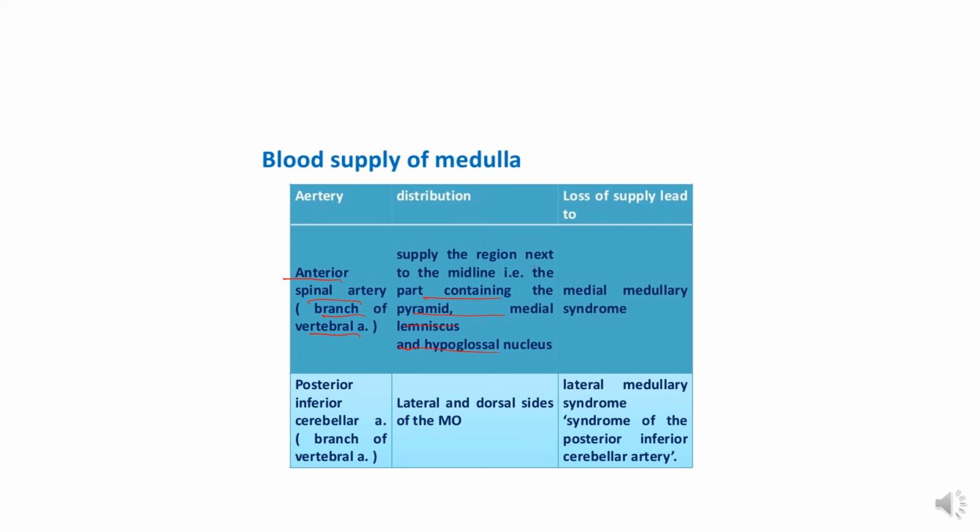Loss of blood supply from the anterior spinal artery results in anterior medullary syndrome, or medial medullary syndrome. The posterior inferior cerebellar artery, a branch of the vertebral artery, supplies the lateral and dorsal sides of the medulla oblongata, and blockage of this artery results in lateral medullary syndrome, or syndrome of the posterior inferior cerebellar artery.